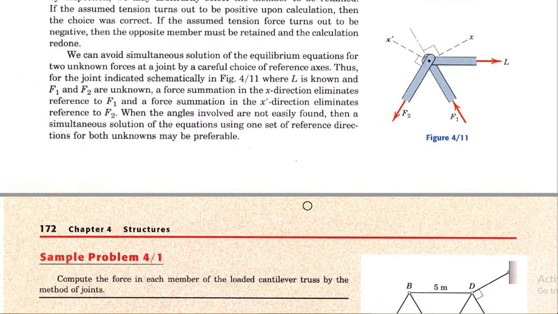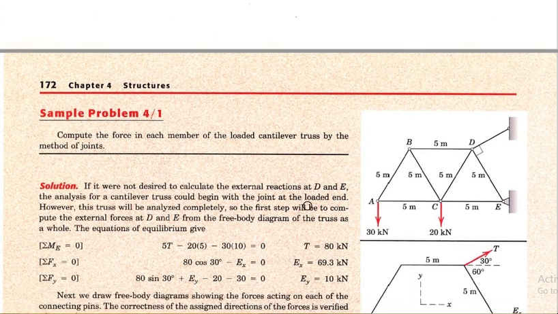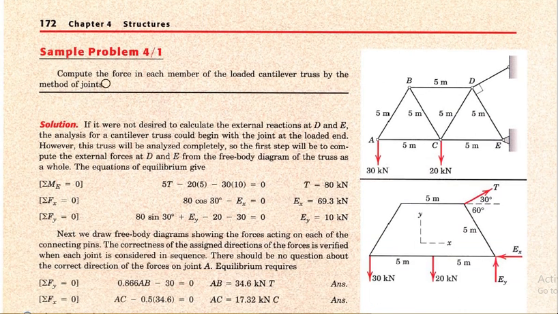So now we are going to solve our first numerical problem, sample 411. The statement is given as: compute the force in each member of the loaded cantilever truss by the method of joints.